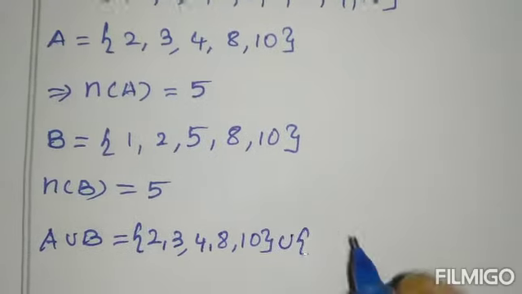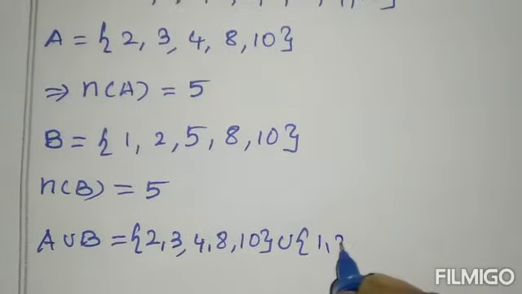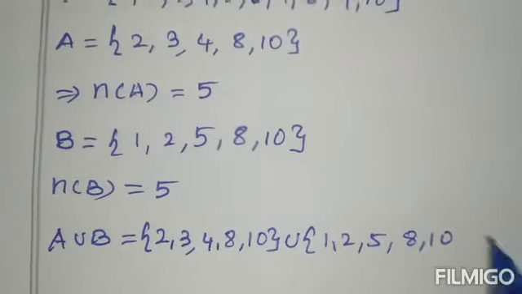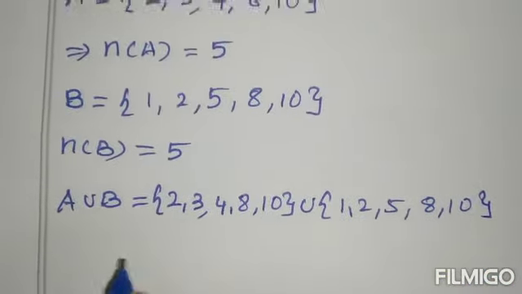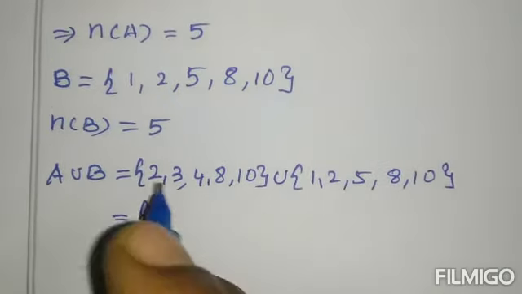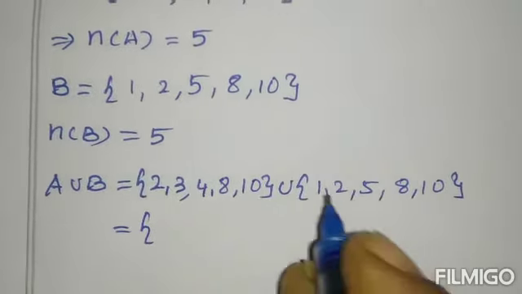Union elements of B: 1, 2, 5, 8, 10. Now we have to write the elements of A union B. We are going to write all the elements together. If an element is in at least one of the sets, we write it, but we should not write repetitions.